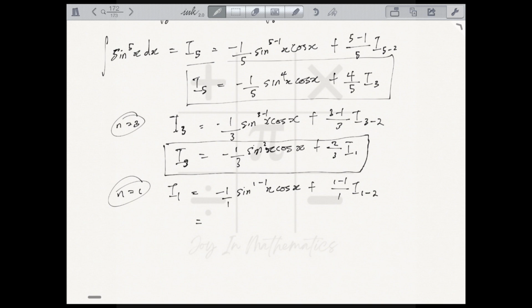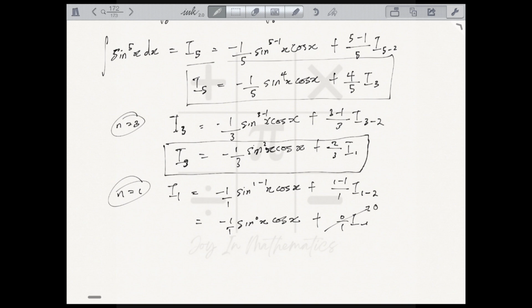So that gives us minus 1 over 1 sine 0 x cos x plus 0 over 1 I subscript minus 1. So this nullifies to give us 0.